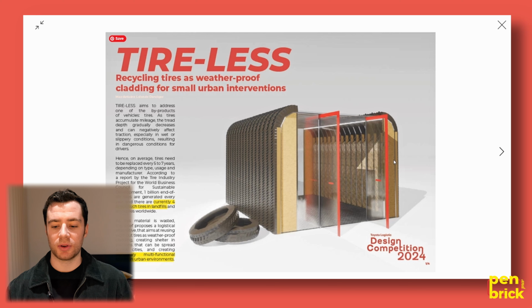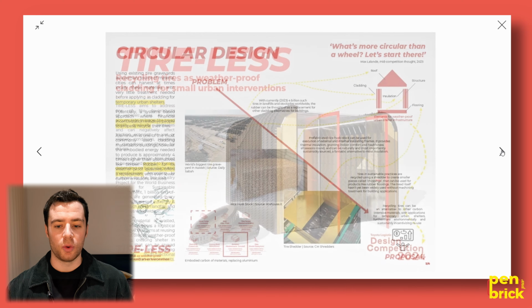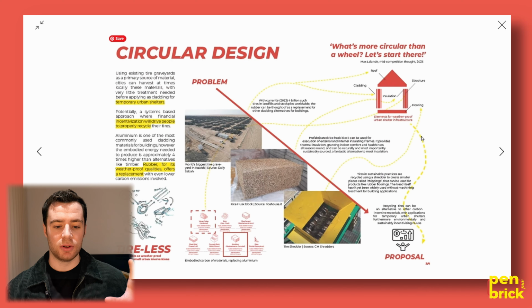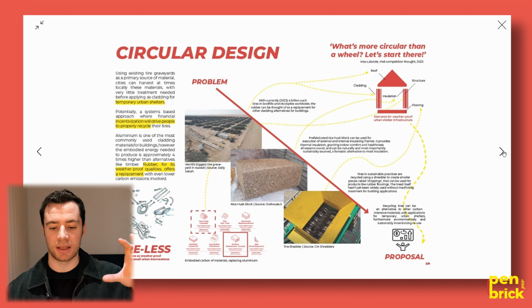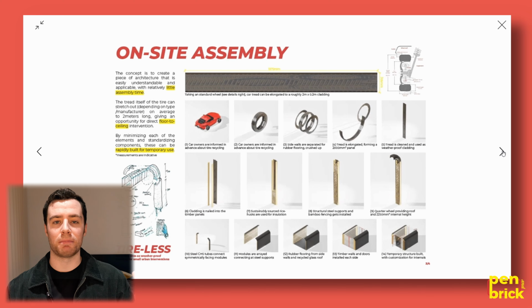So what I looked at in this competition was how I could use some of the material from tire graveyards, such as the tire graveyard in Kuwait, and alternative sources of materials such as rice husk blocks for the insulation, as well as methods of converting both of these into components that could be mass produced and mass built.